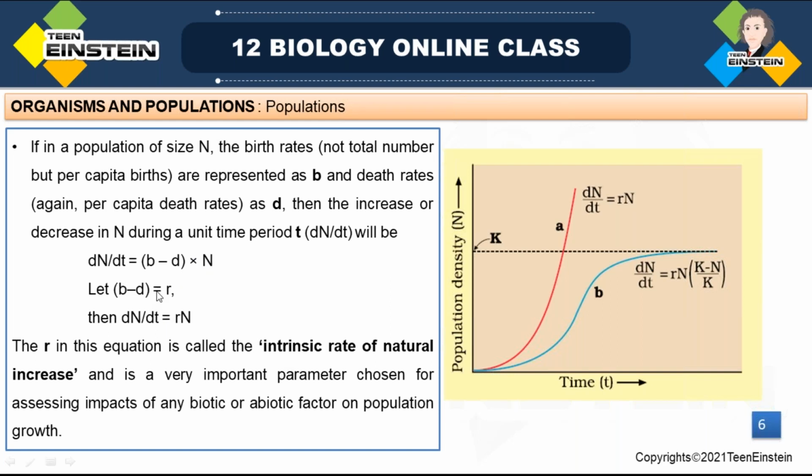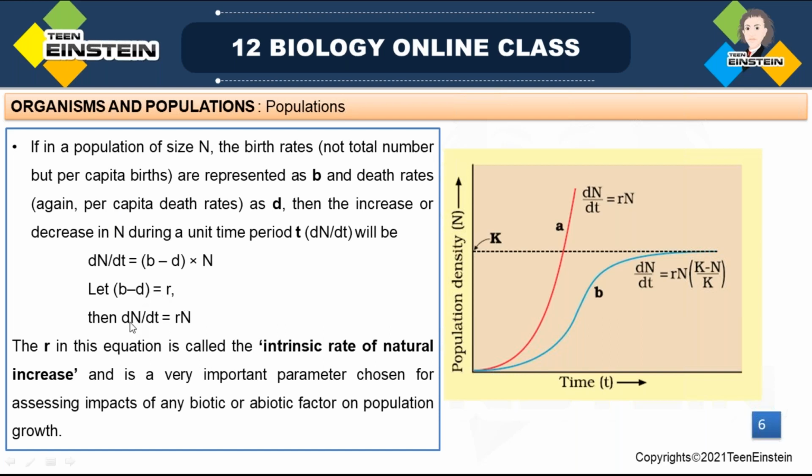B minus D is equal to R, the biotic potential. That means when resources are available at maximum or unlimited, individuals will show maximum potential, grow maximally and increase in number also. So B minus D is equal to R.